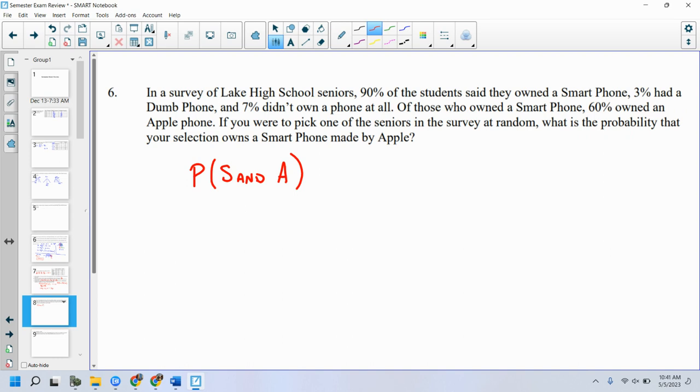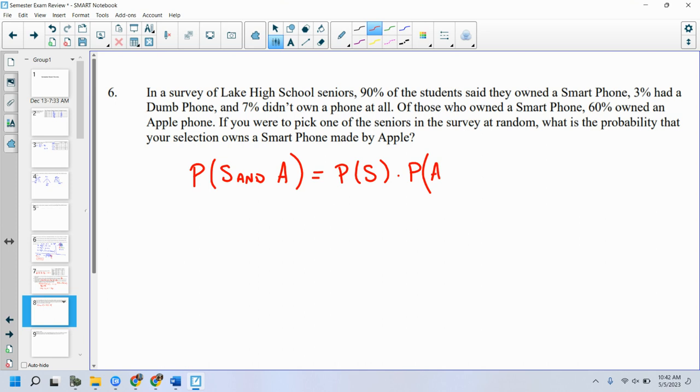The probability of A and B is the probability of A times the probability of B given A. Oops, I got that the other way around. I'm trying to transfer from A's and B's to S's and A's, and it's really messing me up.